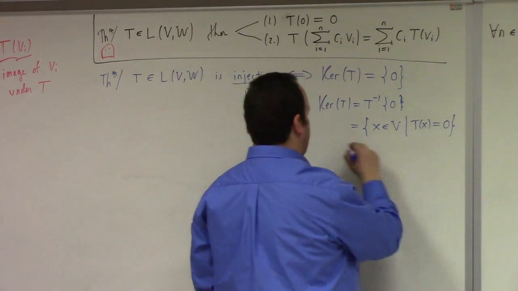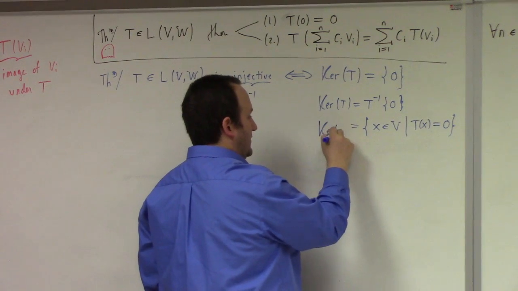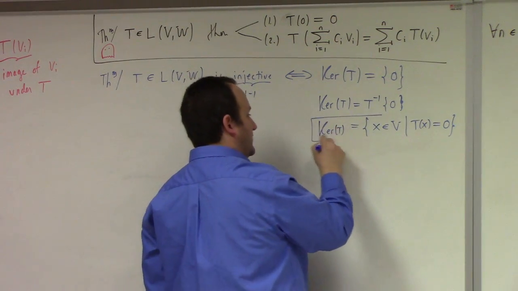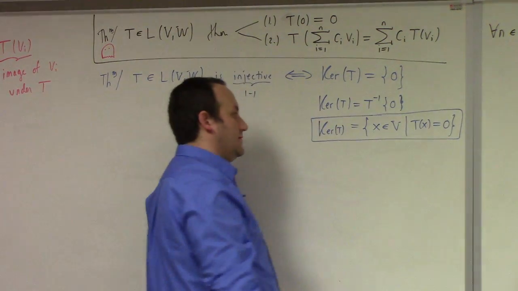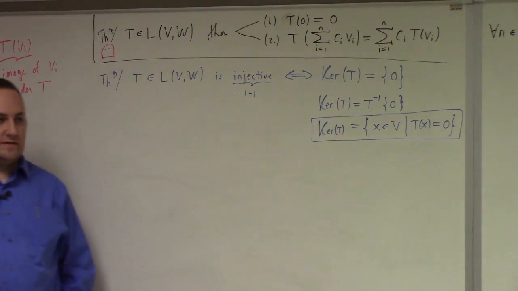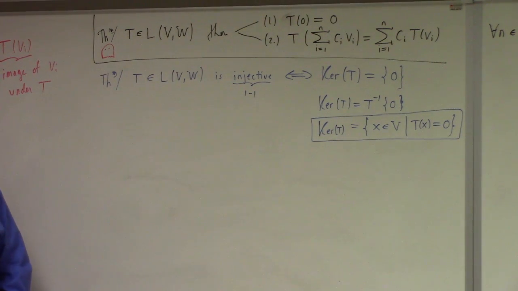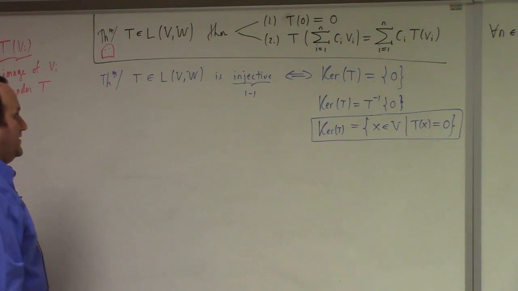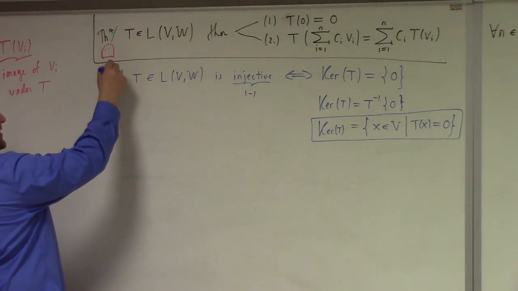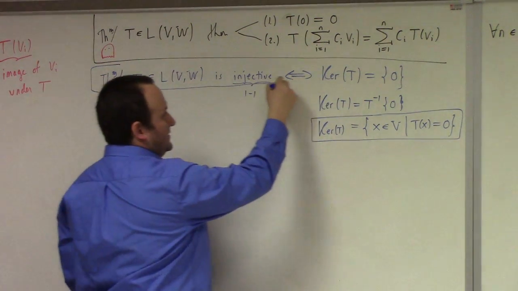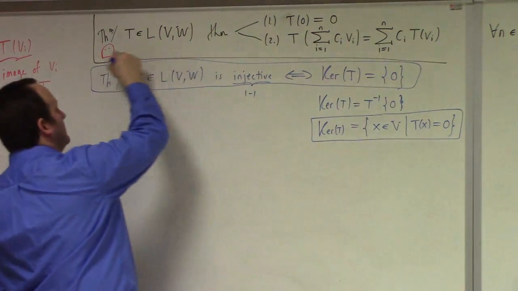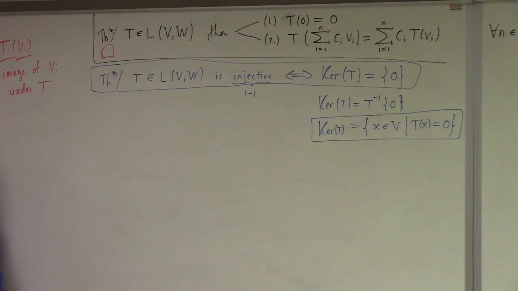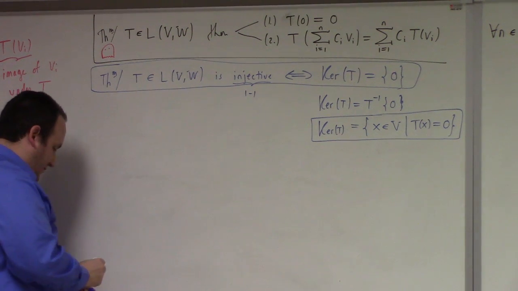That's what this boils down to. So there's your definition of the kernel. It's the set of all elements in the domain which map to 0. It's a very important subset associated with a linear transformation. In fact, what I'm telling you in this theorem is that if the kernel is 0, the function's injective. Before I prove this theorem, let me give you a little side example.